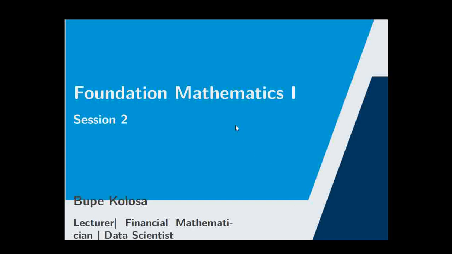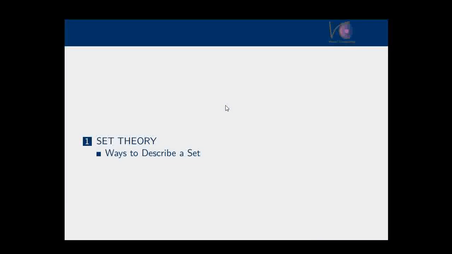So, if you watched the previous session, we discussed the definition of a set, as well as the characteristics of the set and some basic notations that we are going to be using for the rest of this unit.